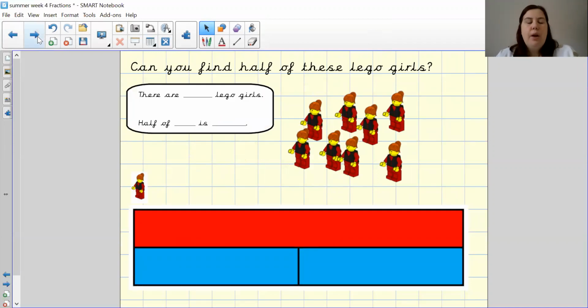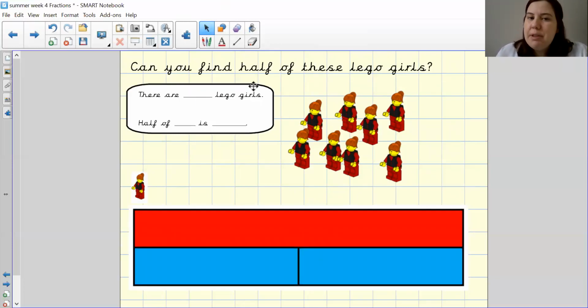I'm going to ask you now to find half of the Lego girls. The stem sentence we are going to use is, there are something Lego girls. Half of something is something. Fantastic. If you want to solve it by yourselves first, please stop the video now. I'm going to go through this one with you to help you try and solve it.